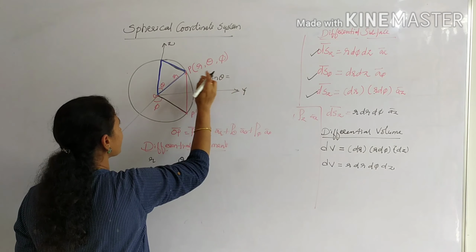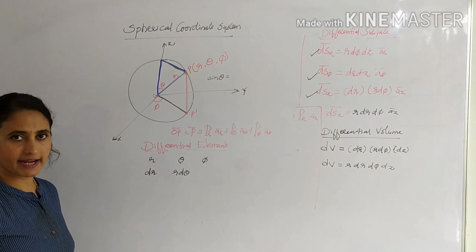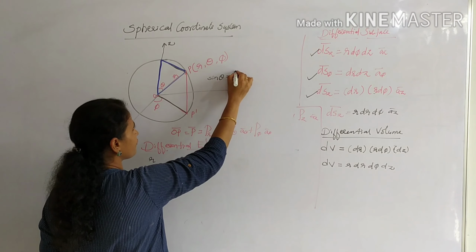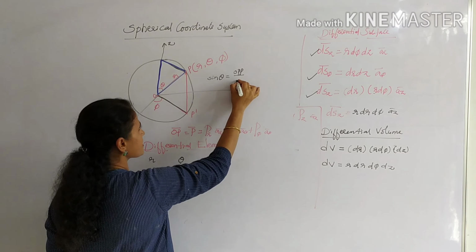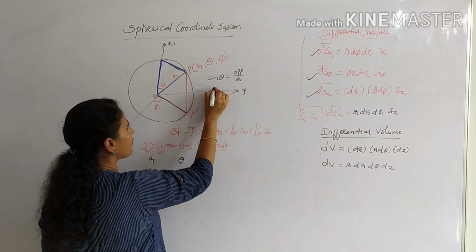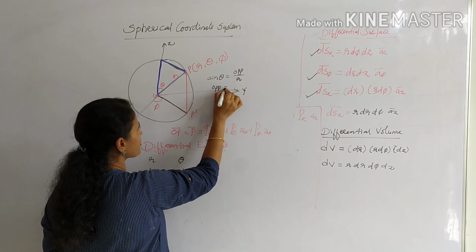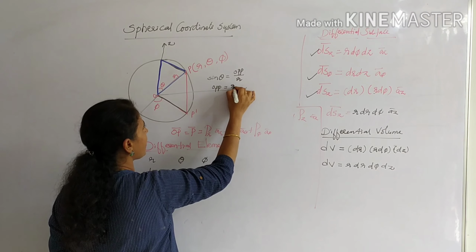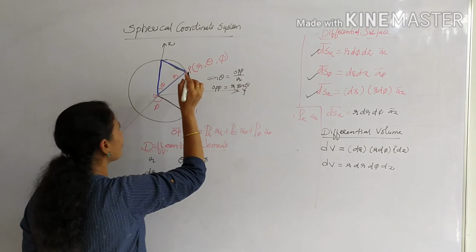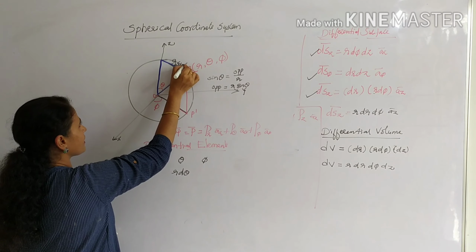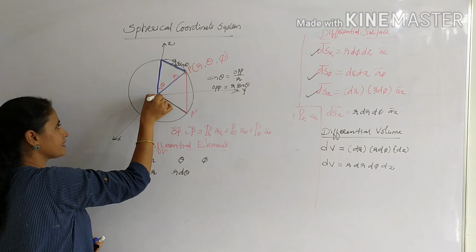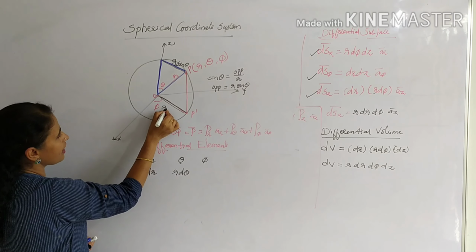Sine theta is the opposite side by the hypotenuse. We don't know the opposite side, but the hypotenuse is r. So the opposite side is r sine theta. If this side is r sine theta, this is also r sine theta.